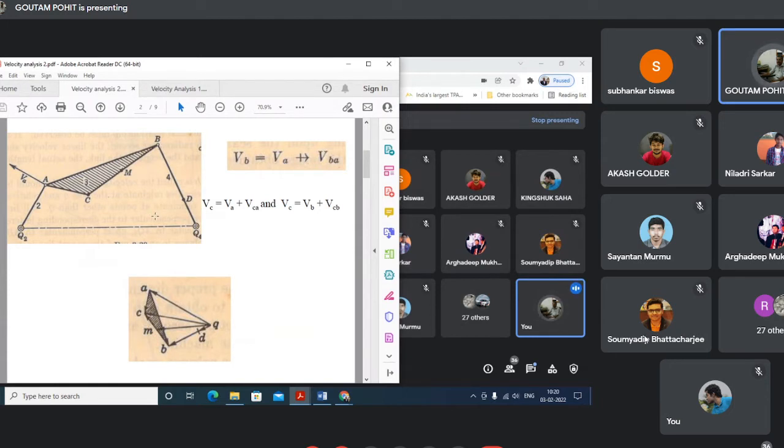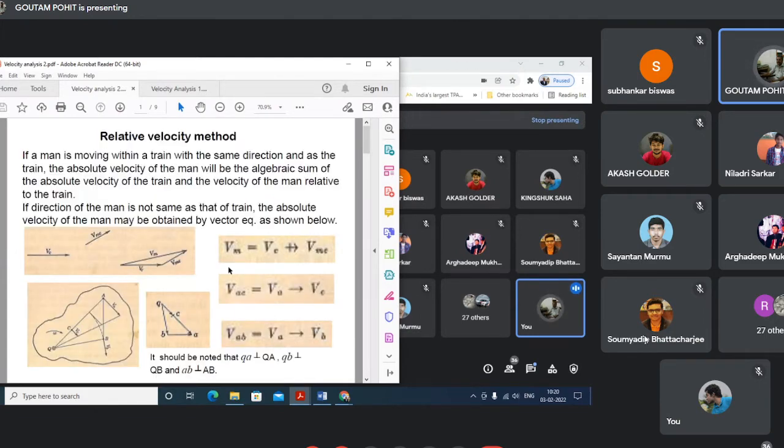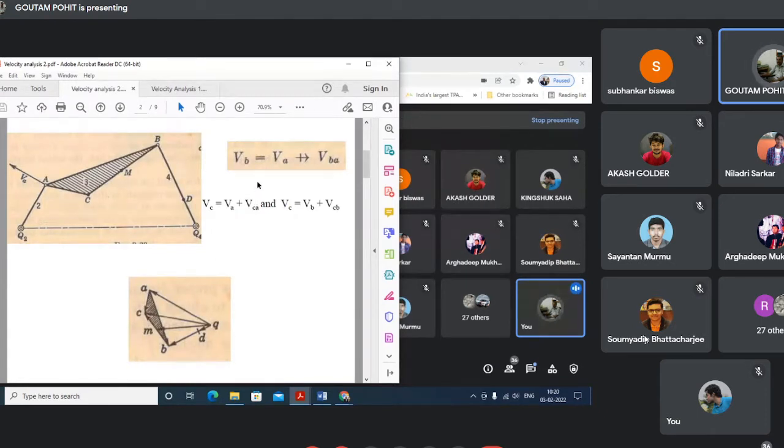This is completely known. VA is completely known. Now, what is VB? If we use this kind of equation in terms of the relative velocity method, VB will be equal to VA plus VBA, the absolute velocity of A plus the velocity of B with respect to A. So VA is completely known.